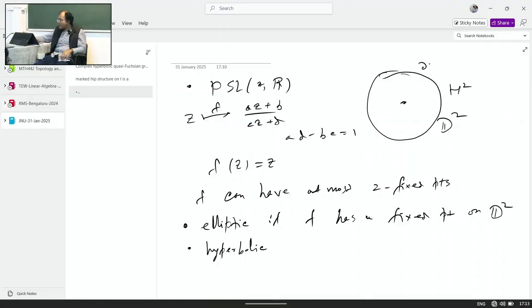This action also extends to the boundary circle, so the fixed point can lie either inside the disk or on the boundary. Now suppose it has no fixed point inside the disk. Then how many fixed points can it have on the boundary?